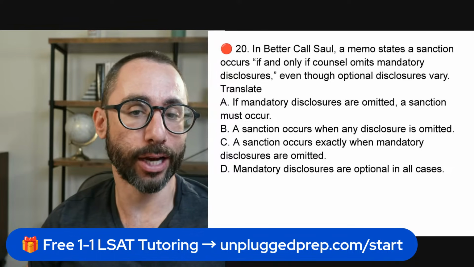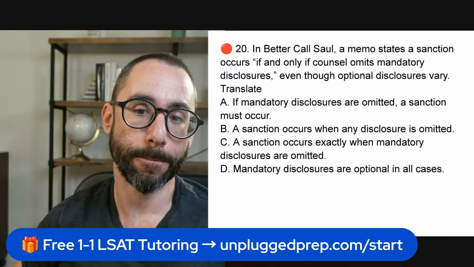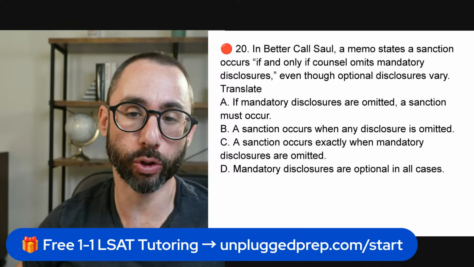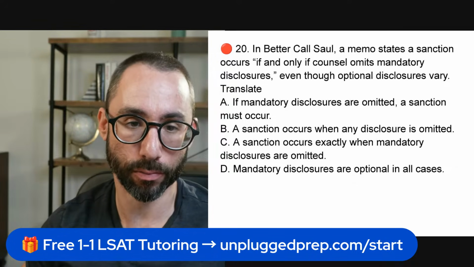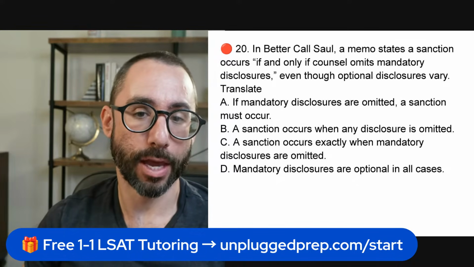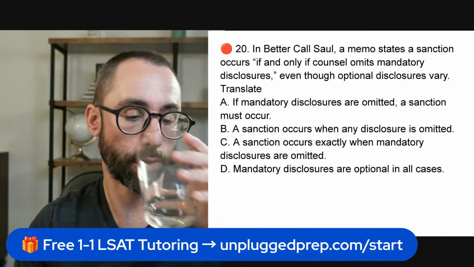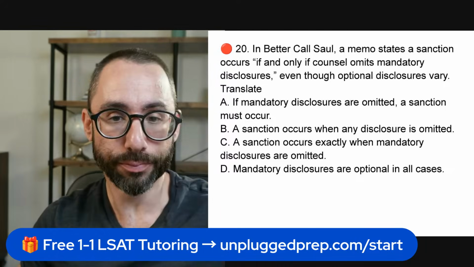C, a sanction occurs exactly when mandatory disclosures are omitted. Or D, mandatory disclosures are optional in all cases. When you have your answer, please drop it in the chat, A, B, C, or D. If you're not sure, just drop a question mark.